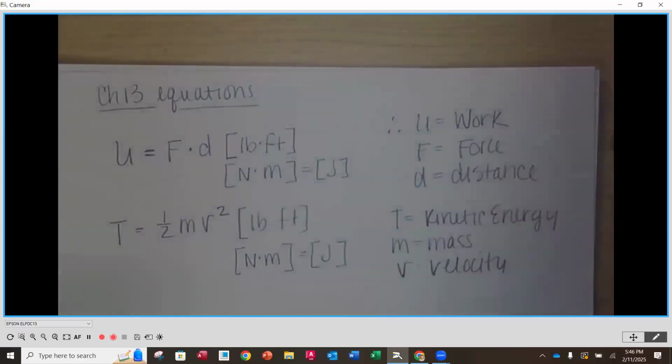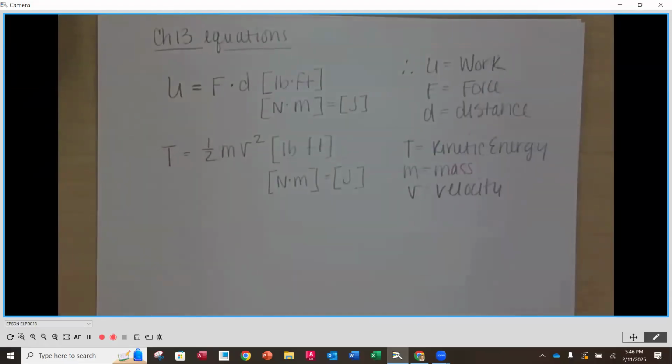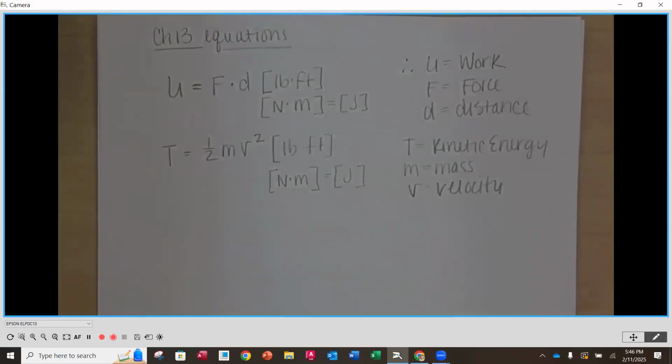Now, work energy theorem. Work energy theorem basically lets us know that if there is a change in kinetic energy, that means that it was brought upon by an external force or there was work done on the system. So we can say the amount of work that was done is going to be equal to the change in kinetic energy. You've probably heard that before in your physics classes.